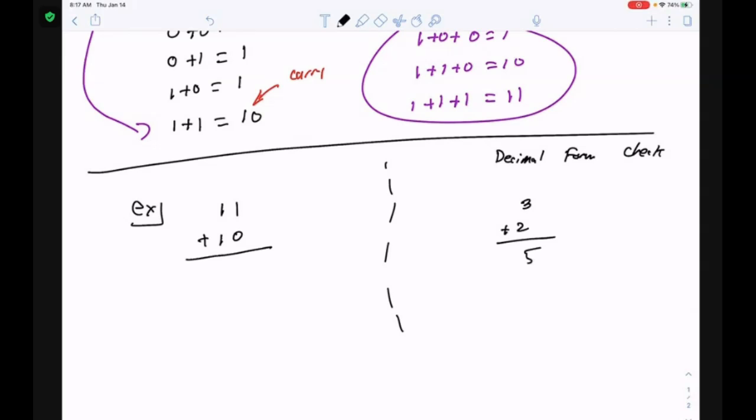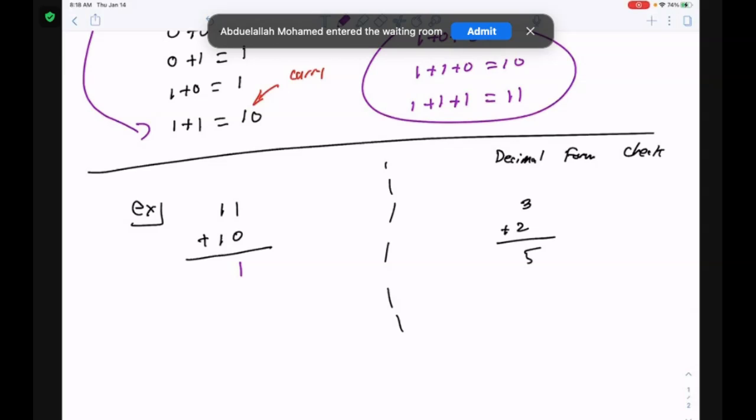All right, so I should get 5 for my answer here. I should get the binary equivalent of 5. So, 1 plus 0 is 1. 1 plus 1 is 2. No. It's not 2.